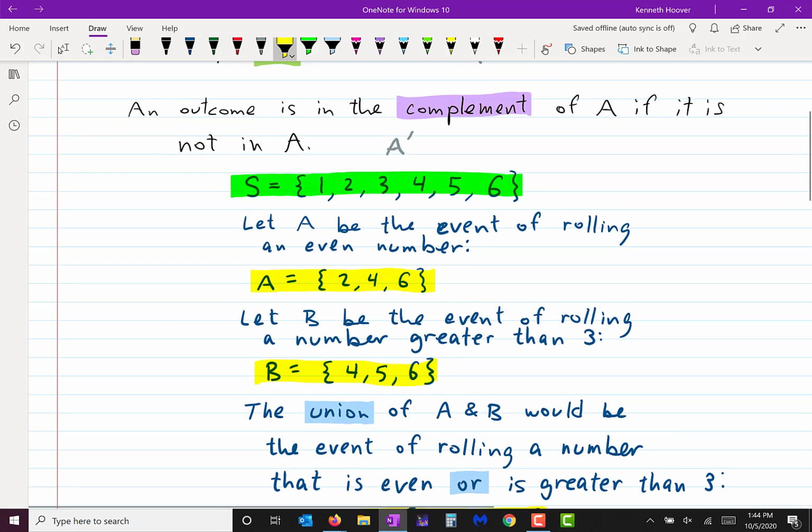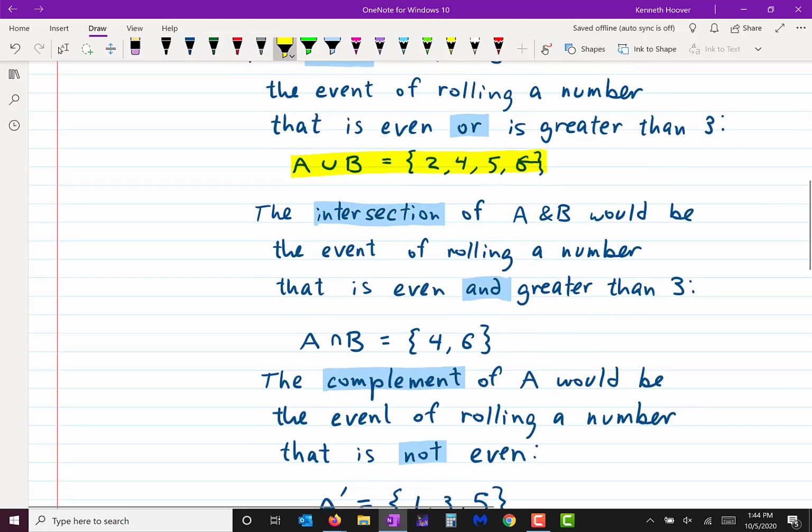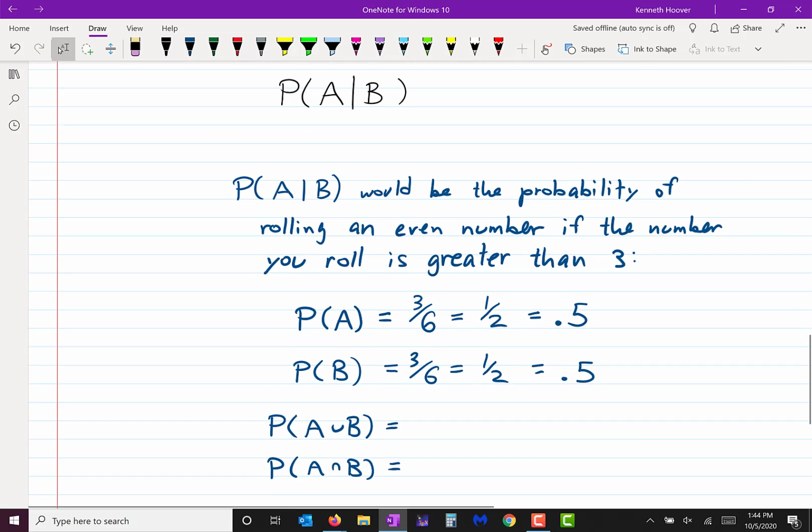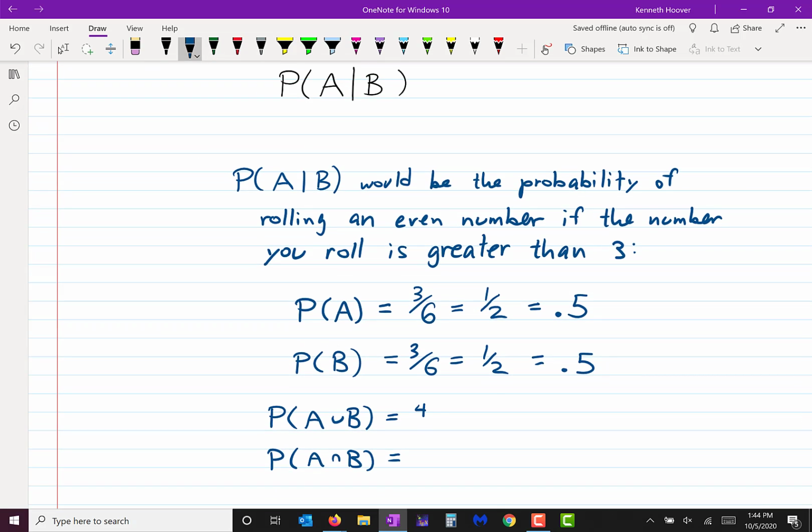The sample space has 6, so the probability of the union of A and B occurring is 4 over 6, or 2/3, or 0.6 repeating. Now I will not accept any other decimal other than 0.6 repeating. The homework might let you round off. You'll have to read the directions on the homework. But on an exam, if the answer is a repeating decimal, then you need to write a repeating decimal, unless the directions say to round off.